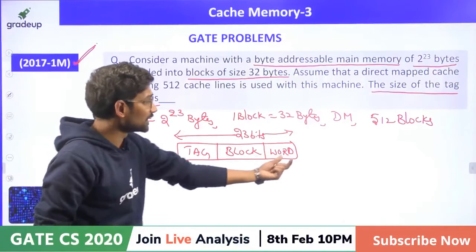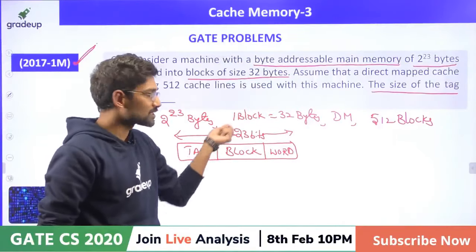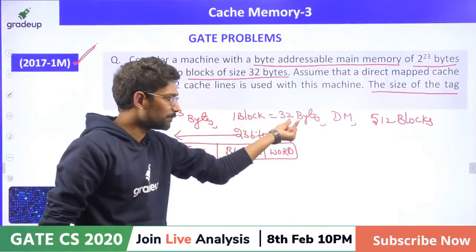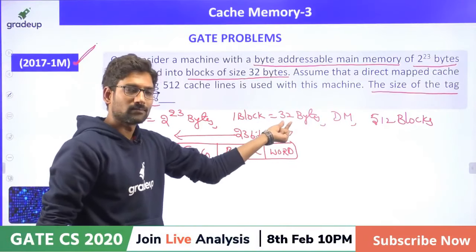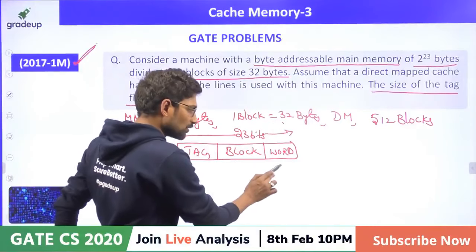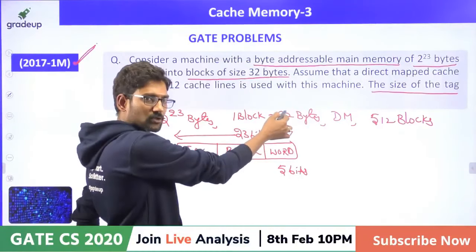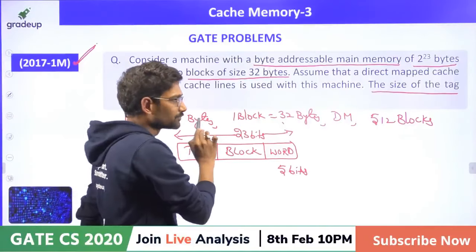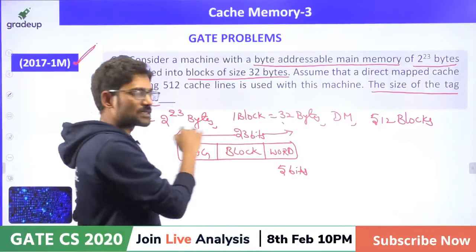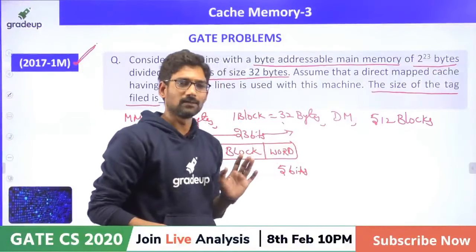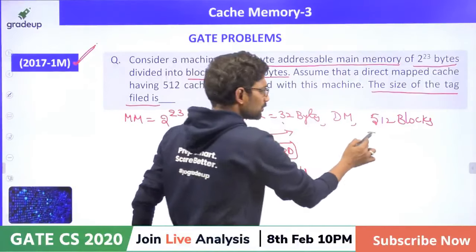Now what does word indicate? Block size. How many bytes are there in a block? 32. So 5 bits, because it is 2 power I. So what is I? 5 bits. Similarly, how many blocks in cache memory? 512. So it is 2 power x.